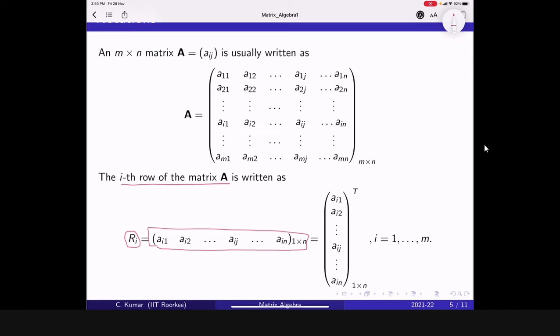You can also write this in column form. You take this and take the transpose of this. So this T stands for transpose. Okay, so Ri denotes the ith row of the matrix A.